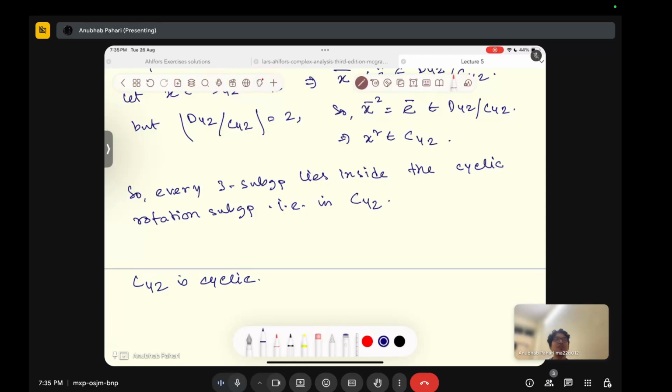So we don't have to check with the Sylow theorems; you just use this trick. Is it clear, or does it still look fishy? No, sir, I get it.